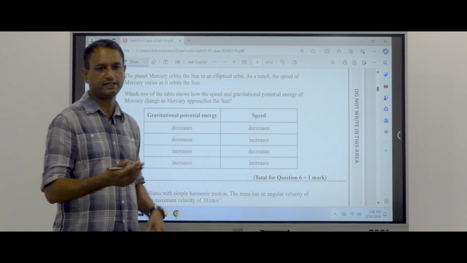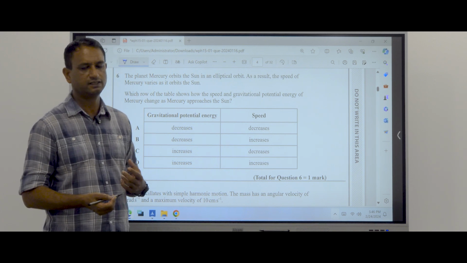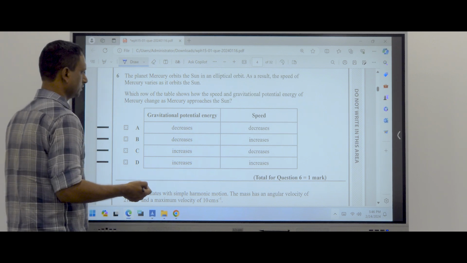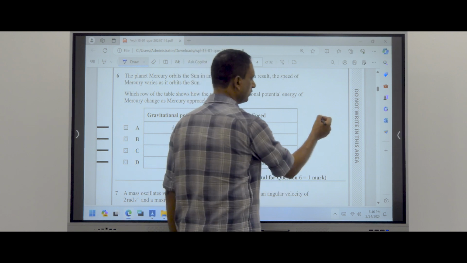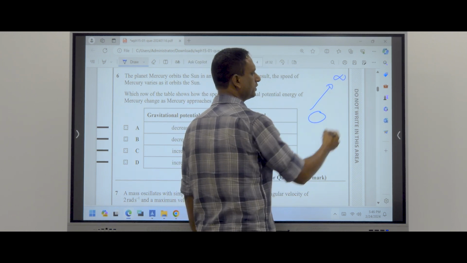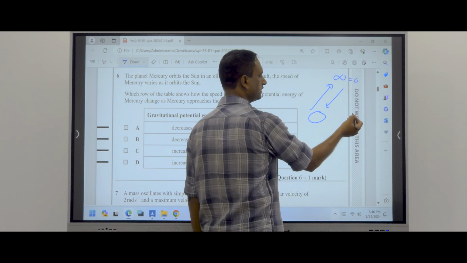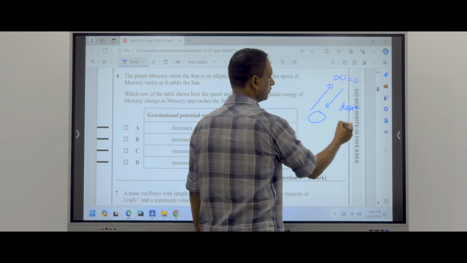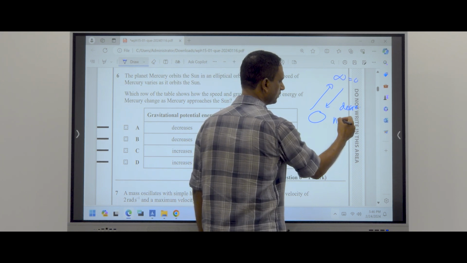When it is at infinity, it has the maximum value. I said wrong earlier. Gravitational potential energy increases going away, and when it is at infinity, gravitational potential energy is 0. 0 is the highest value. When it is approaching, gravitational potential energy decreases, but the value is negative.